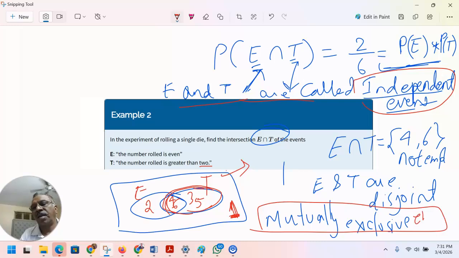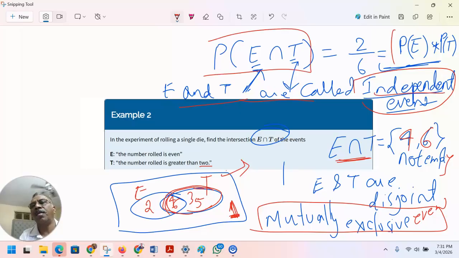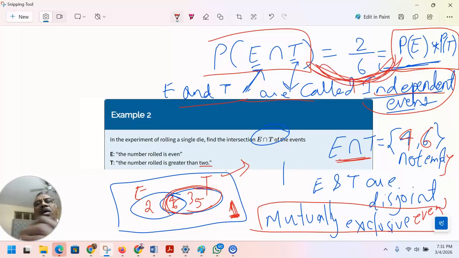Mutually exclusive events is when the intersection has some number, see, it's not empty. And what is the meaning of independent? When the probability of this is the same as multiplying like this. Not always is this going to happen; sometimes it doesn't work, and we call that dependent.